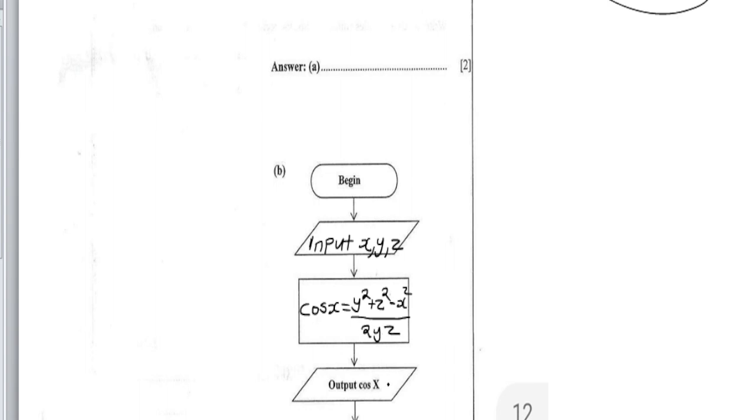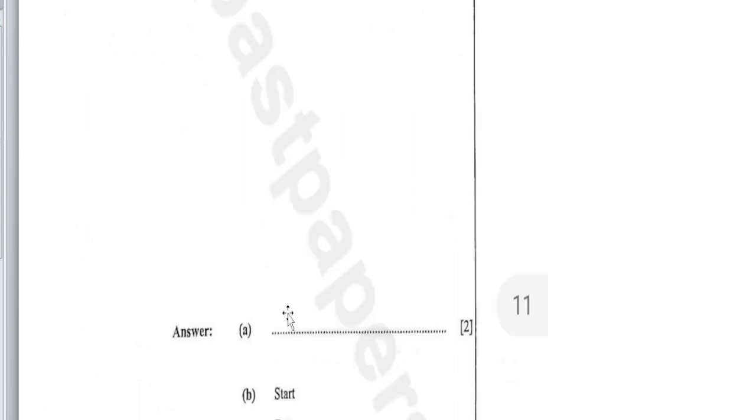Then output cos x, then you end. Yeah, so that's basically how you can do this question. Let us proceed by looking at another question.